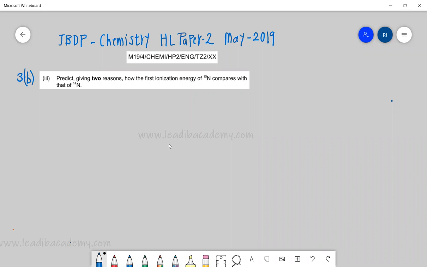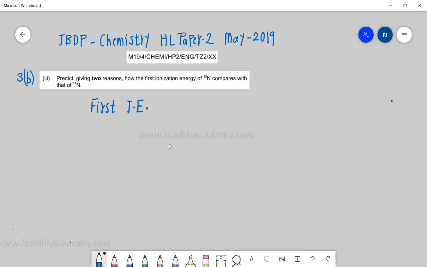Okay, let's look into the next question, 3B2. Predict, giving two reasons, how the first ionization energy of N15 compares with that of N14. So first of all, we should be looking into what we mean by first ionization energy, IE in short.